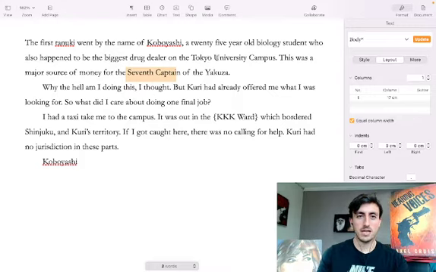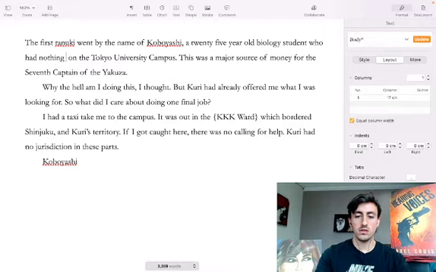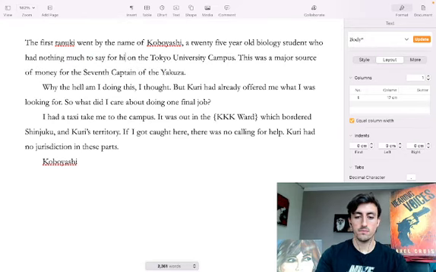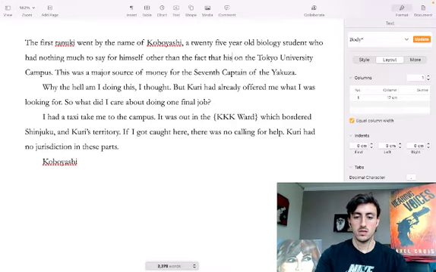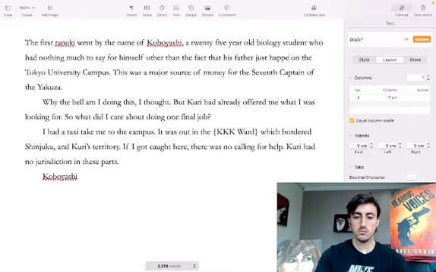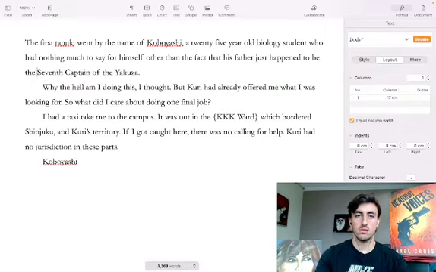Okay. So that's a better first line then. The first Tanuki went by the name of Kobayashi. We need a first name there. A 25-year-old biology student who had. No, we don't need this drug dealer thing, right? Who had nothing much to say for himself other than the fact that his father just happened to be the 7th captain of the Yakuza.